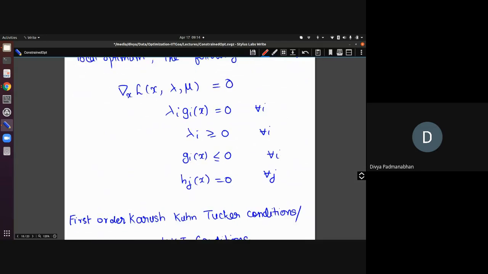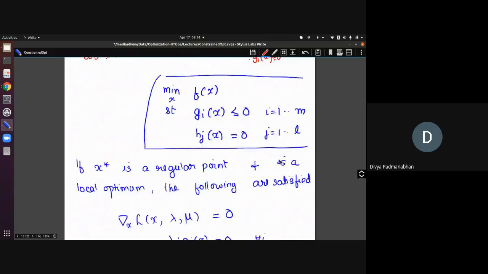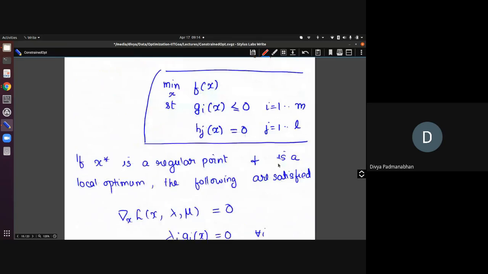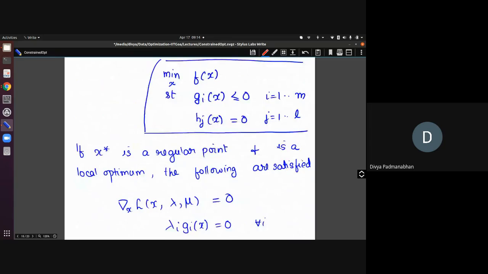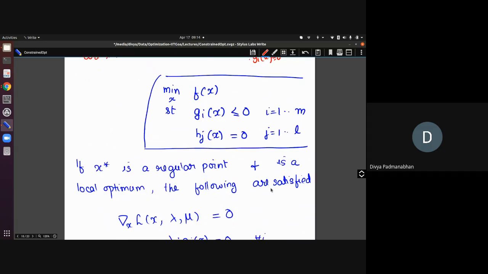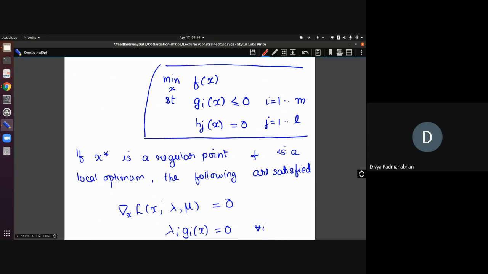Okay, so the Lagrangian plays a role. Instead of the gradient of f being 0, here you have the gradient of the Lagrangian being 0. Remember the case of interior points: there the gradient of f is 0, and none of the lambdas play a role. That is also going to get satisfied in this condition.